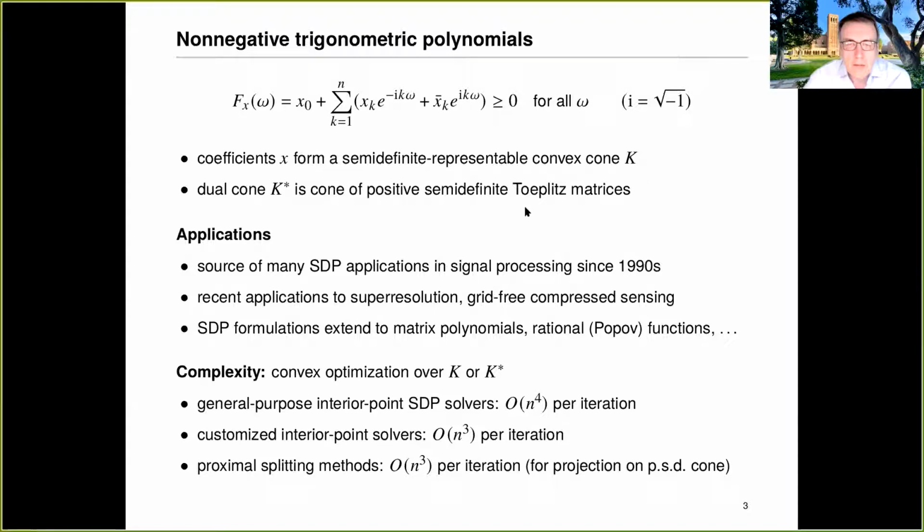Again, you can customize that somewhat quite easily to reduce it to n cubed per iteration, which is already much better, but often still too high for large n. And then again, for a proximal splitting method, where we use a standard proximal method, you would have order n cubed because part of the iteration would involve the projection on the dense positive semi-definite cone. So those two examples will be also the ones that we'll discuss in this talk.